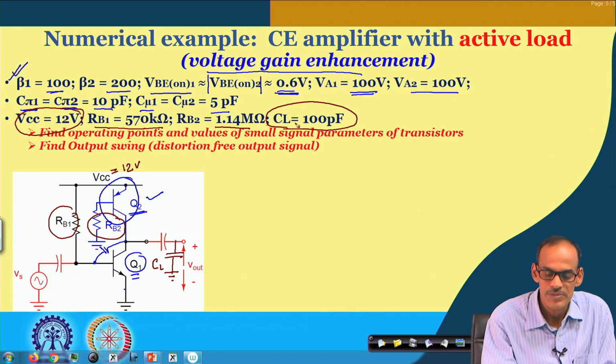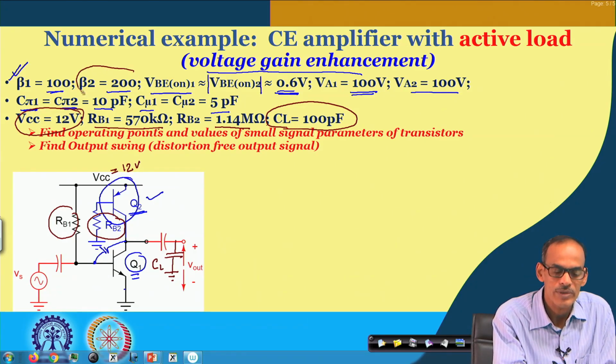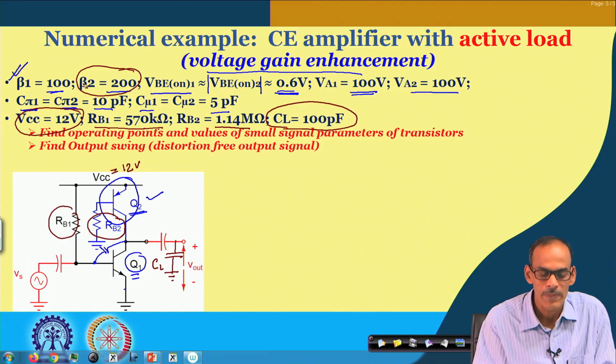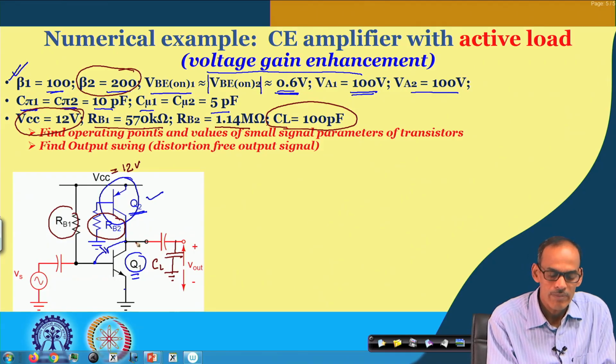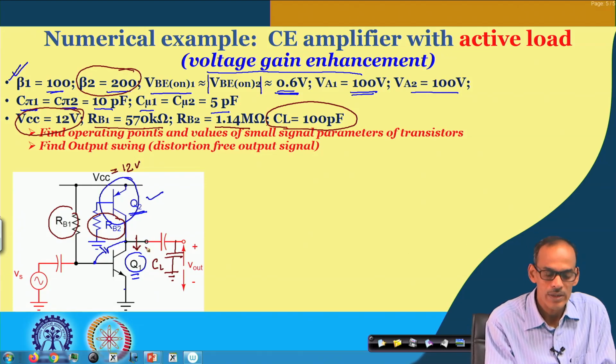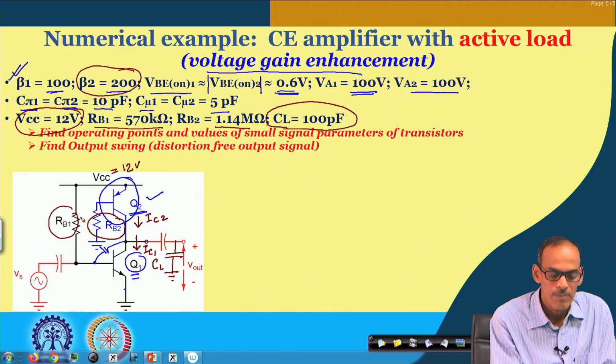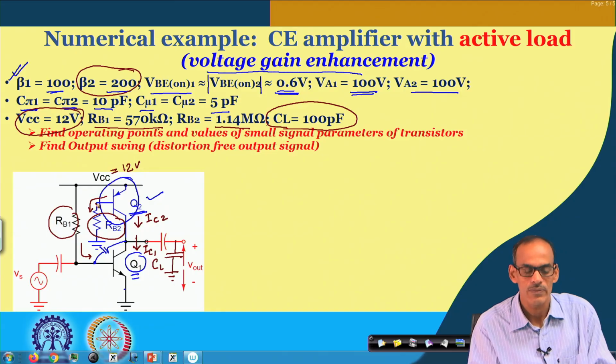You might have observed that the values of beta of the two transistors are different. To balance that, the collector current of transistor 1 and collector current of transistor 2 should be equal. To get that, we are making the base current of transistor 1 and base current of transistor 2 different.